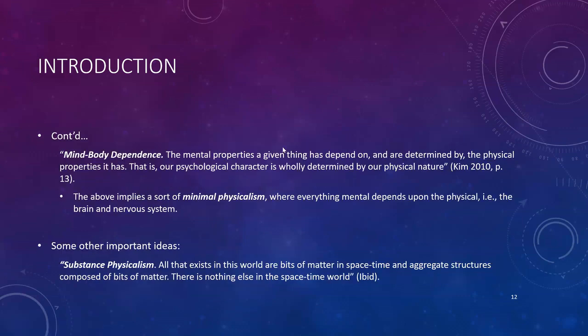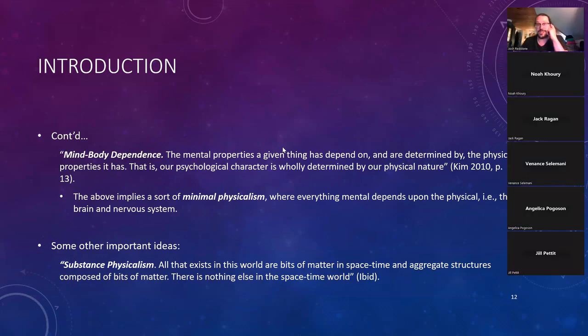And this may also entail, as I mentioned, Kim believes this entails epiphenomenalism, which is the idea that physical properties can cause mental properties. So light waves affecting the rods and cones in my retina can affect nerve signals going to my occipital cortex and so on and so forth. And those can cause a mental event like seeing a red circle. But mental events cannot cause physical events.